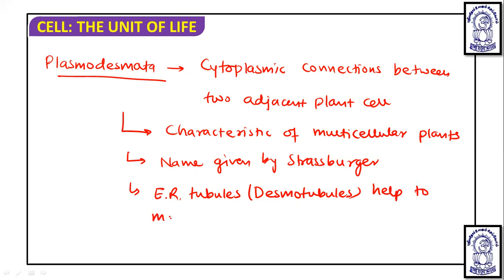They help to maintain continuity of cytoplasm. And this plasmodesmata passes through the cell wall and middle lamella of the adjacent cell and connects the cytoplasm of the neighboring cell. So that is all about what a cell wall is.